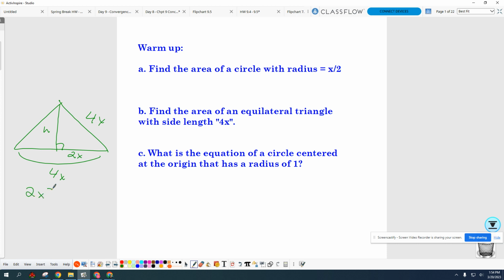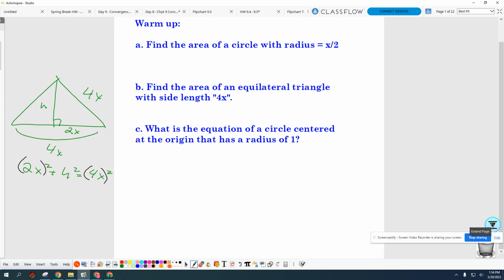2x squared plus h squared equals 4x squared. Well, you have to solve it. Oh, no, parentheses. It's 2x times 2x, so 4x squared.